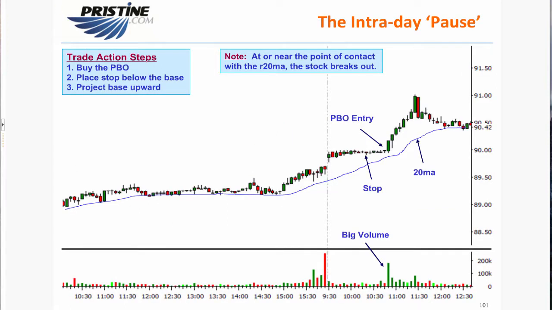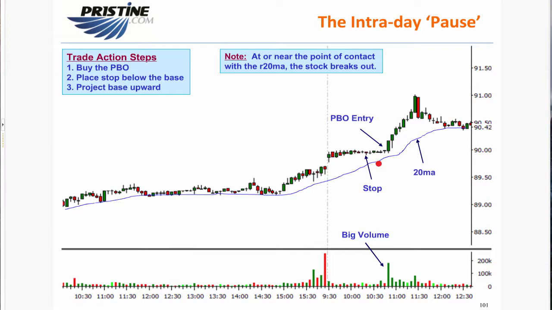Okay. So here we have an intraday pause where you get a gap up, sideways consolidation. Notice this does not quite reach the 20 MA. And it is for this reason, again, that I mentioned, don't define your entry based on getting to the 20 MA or not.